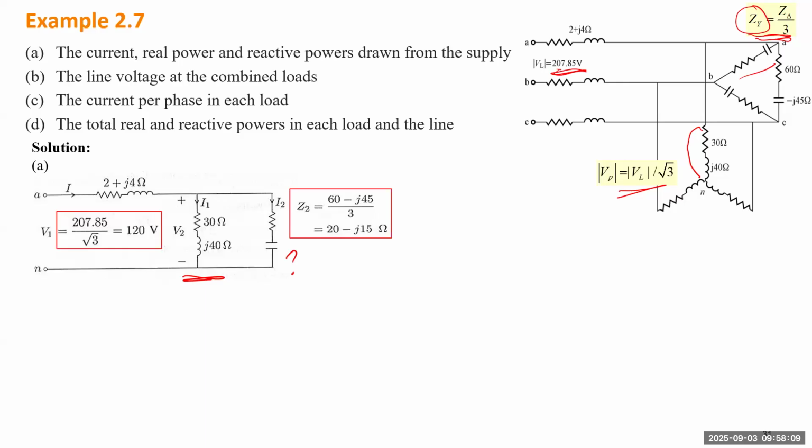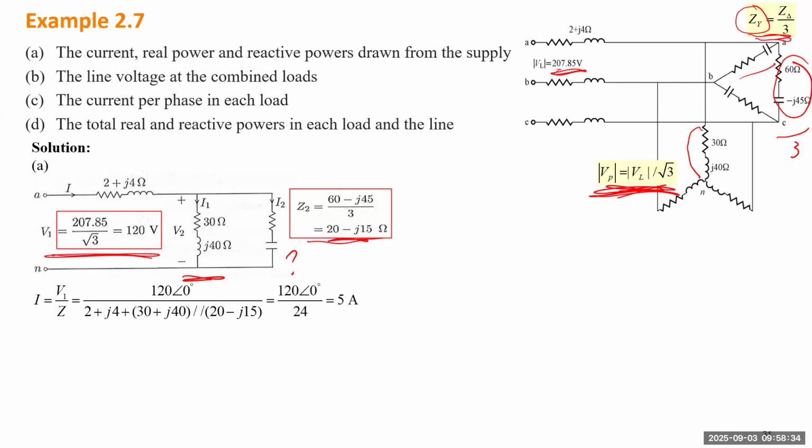And we just go ahead and calculate the phase voltage, based on this formula, to get 120 volts for each phase. And for the transformed Y-connected load, each phase will be basically just this one divided by 3, right? So we'll get the equivalent Y-connected load. Then we can just do the calculation as a single-phase circuit.